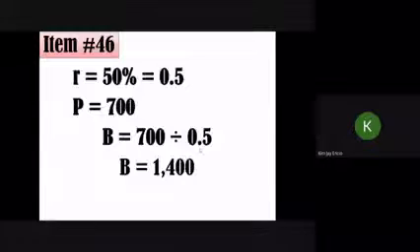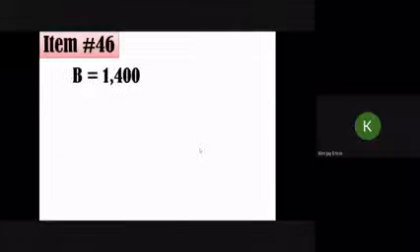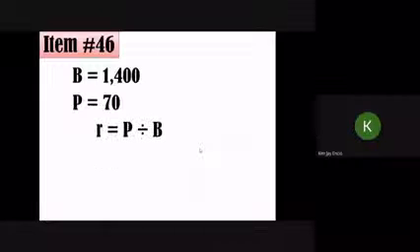That's your base. Now, there is another set of given. Your base is now 1,400, and it says there is 70. So your percentage now is 70, and we are looking for the rate, which is percentage divided by the base.